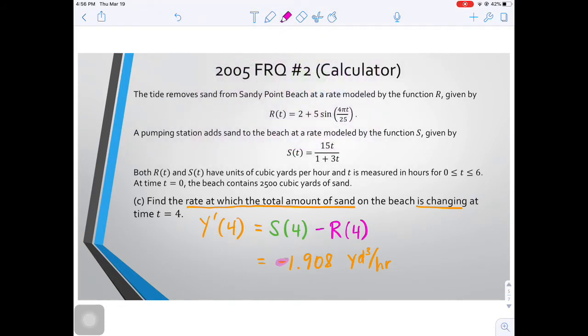Because there's a negative here, that means that at this time, more sand is being removed than being added, which means that it's currently decreasing. The overall amount of sand on the beach is decreasing at this time. The tide's removing more from the beach than the station pumps back into the beach. Okay, didn't ask us to interpret it, but that's what it means.